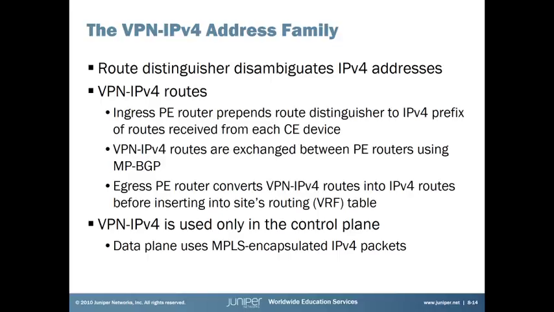And what happens is the egress PE router converts this format into a standard IPv4 route and then puts those routes into the appropriate VRF, which is associated with that customer's VPN.